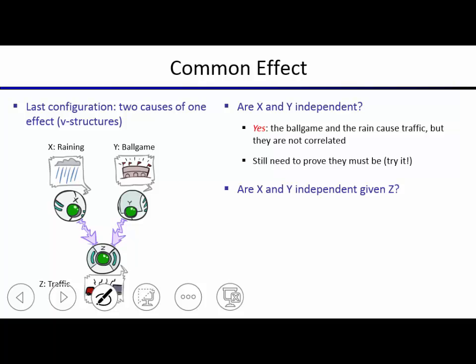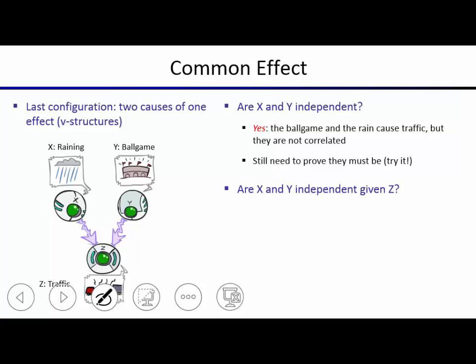As a consequence, I'll say, well, now it's less likely there's a ball game. Why? I now have an explanation. Rain explains for me why there is high traffic. I don't need to rely on the ball game as a cause anymore to get the result of high traffic. Rain is already causing that for me, most likely.